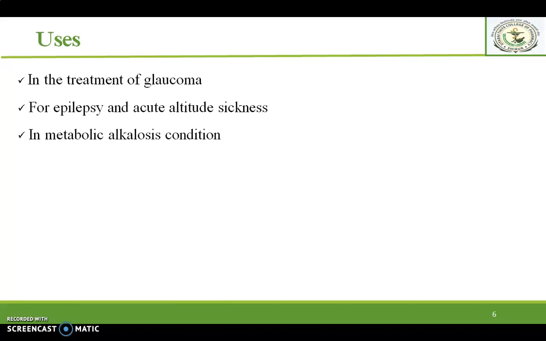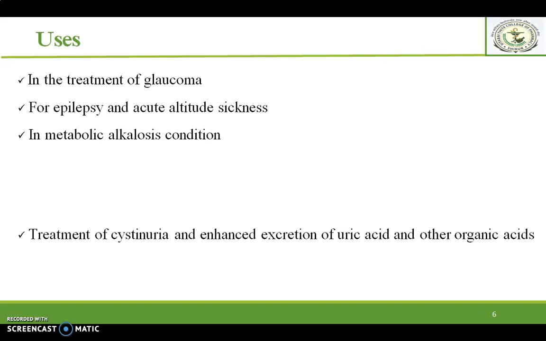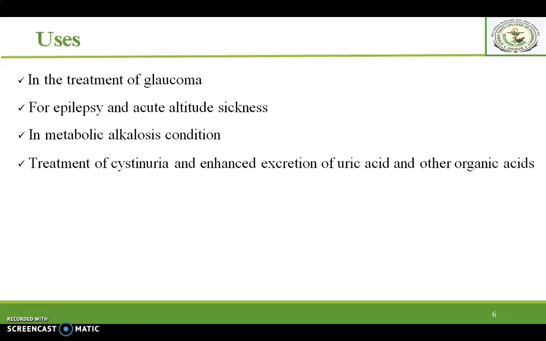The carbonic anhydrase inhibitors have a side effect of metabolic acidosis, but this side effect can be used for treating the metabolic alkalosis condition. They can also be used for the treatment of cystinuria and enhanced excretion of uric acid and other organic acids.